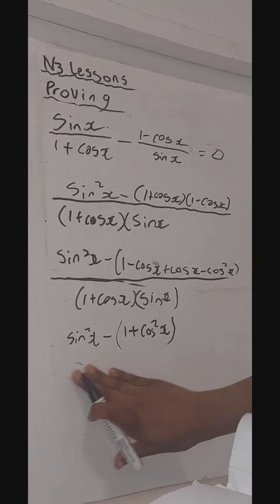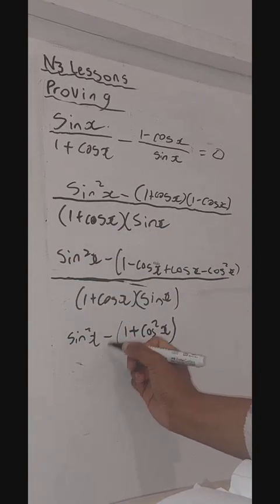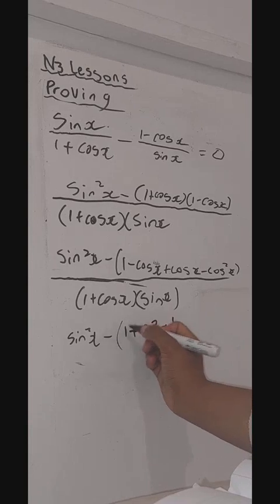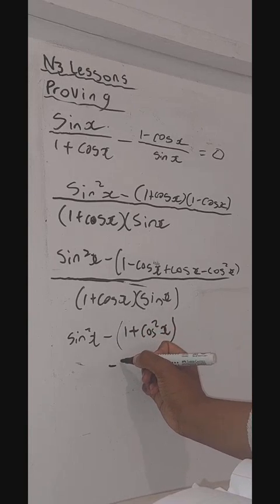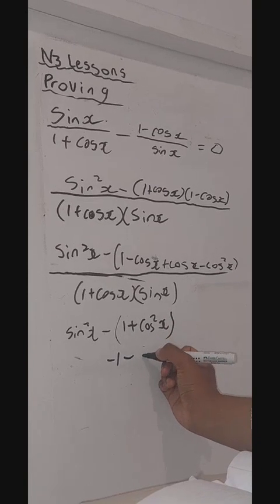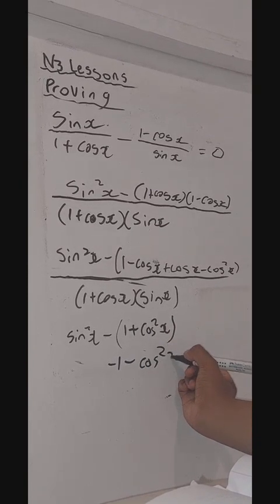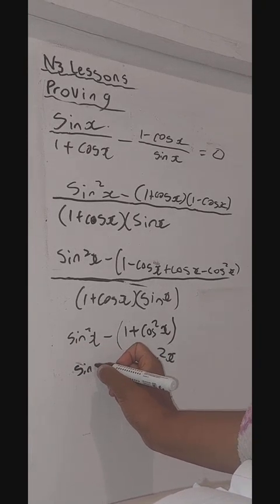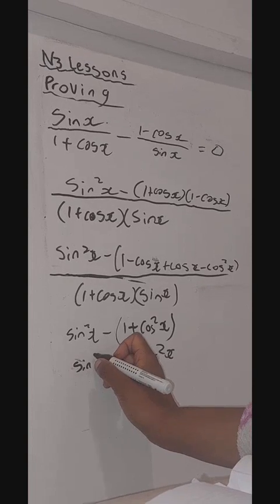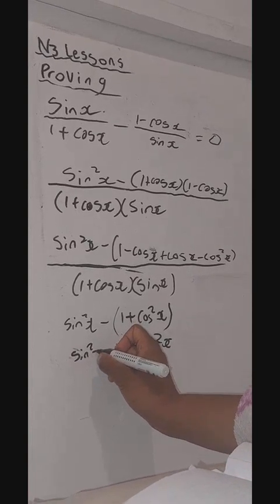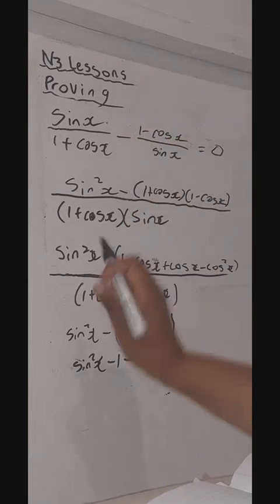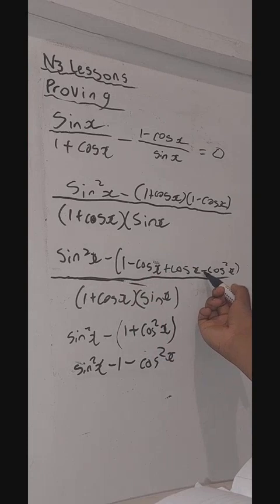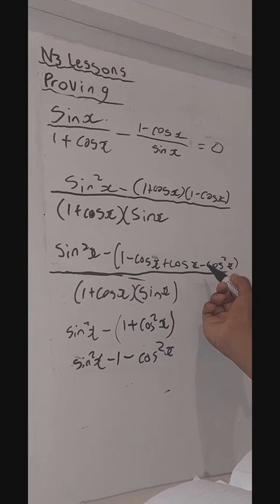Sorry, let me just make it visible for you guys. So we're going to multiply everything by 1, so it's going to be -1 minus cos squared x. Remember that we still have sine squared x. I feel like I made a mistake. Here it's +1. The negative was left here. So it was 1 minus, right?